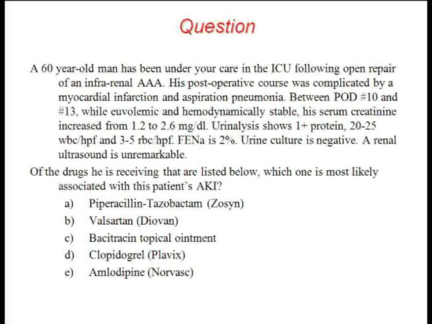His urinalysis shows 1+ protein, 20 to 25 white cells per high power field, 3 to 5 red cells. His FeNa is 2%, his urine culture is negative, and a renal ultrasound is unremarkable. Of the drugs he's receiving that are listed below, which one is most likely associated with this patient's acute kidney injury? Piperacillin-tazobactam, valsartan, bacitracin, clopidogrel, or amlodipine?